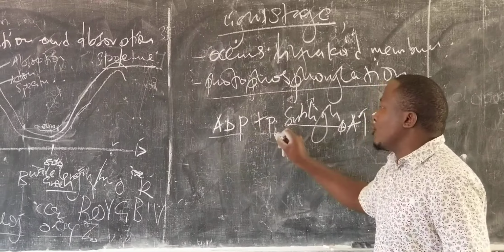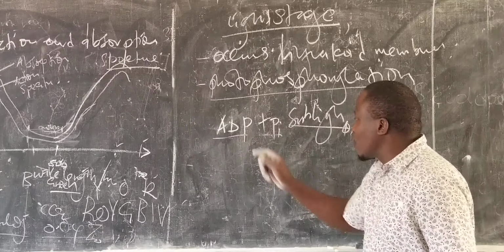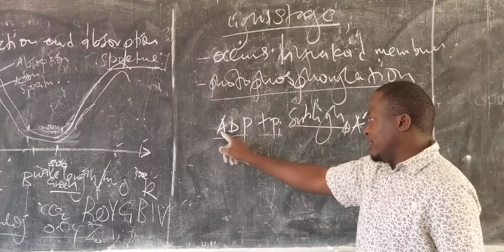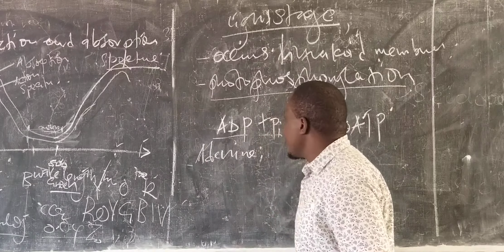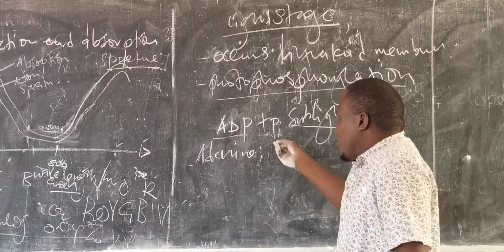See that? Adenosine diphosphate. Adenine is a nitrogenous base attached to a sugar that has 5 carbons, so it depends on the sugar. We call it adenosine. This is an inorganic phosphate.